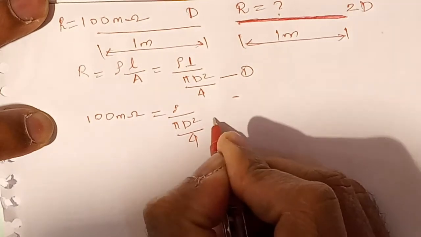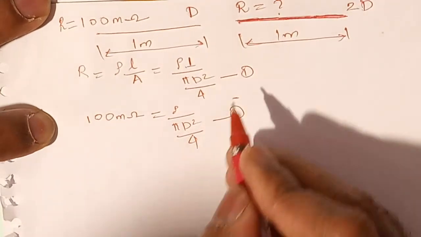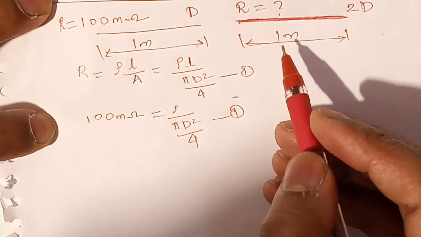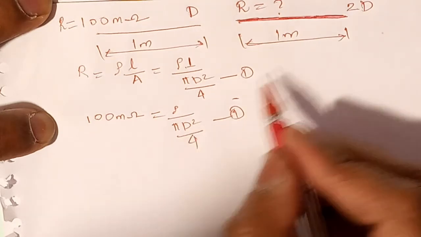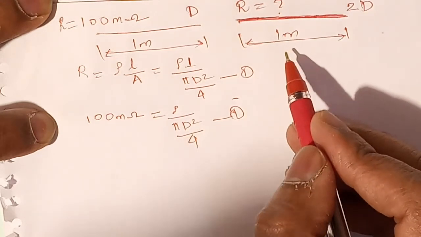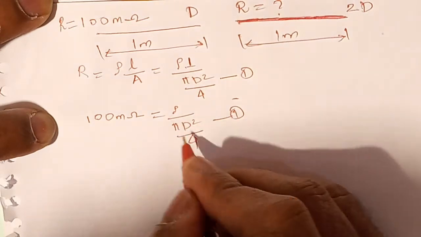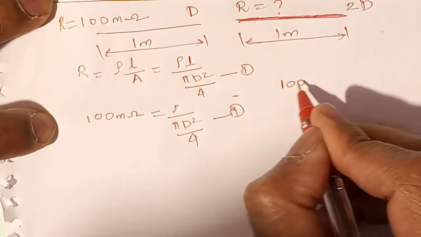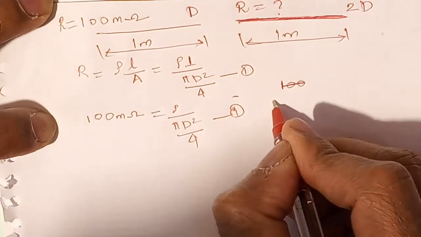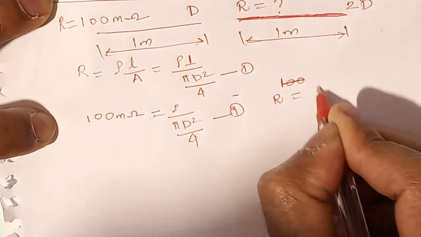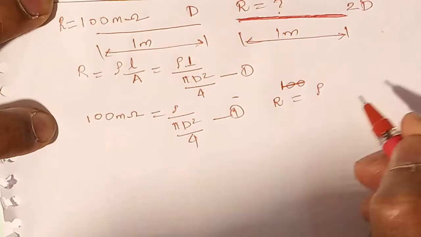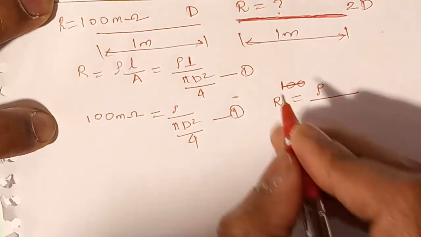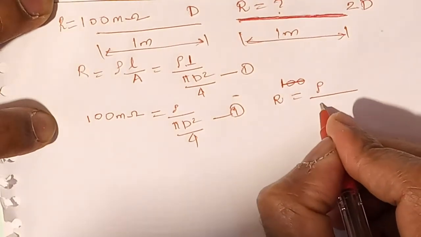This is our first equation, first wire case. Now the second wire, only the diameter is changing to 2D, twice the diameter. So I will keep the same wire, 100 milliohm. We have to find R equal to rho; we don't need to consider it because the material is the same.